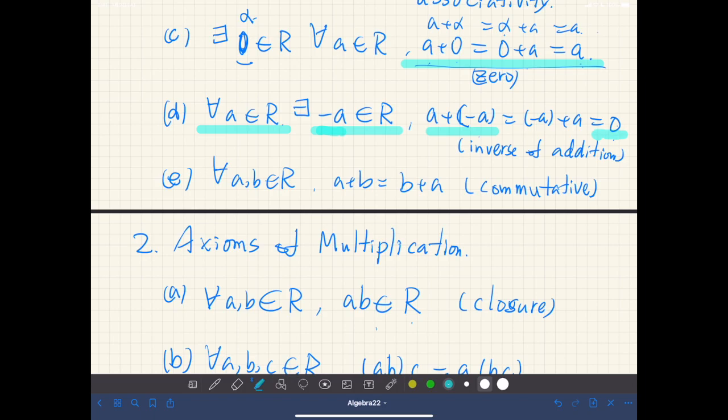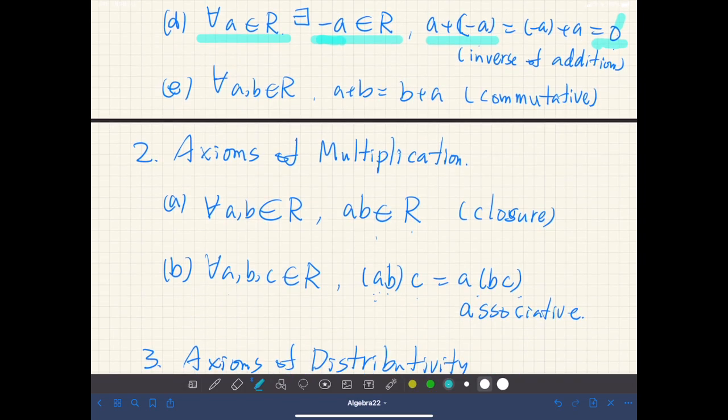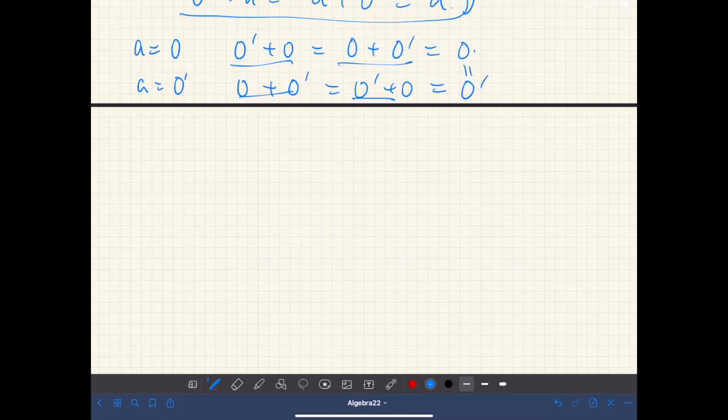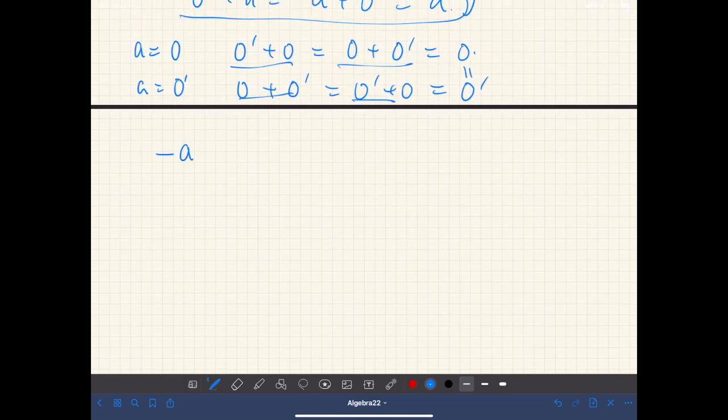But we have just seen that this 0 is unique, and from that fact, we can conclude that the negative A is also unique. This negative A has nothing to do with negative numbers or anything. It's just a symbol. For every A there is another element called negative A.